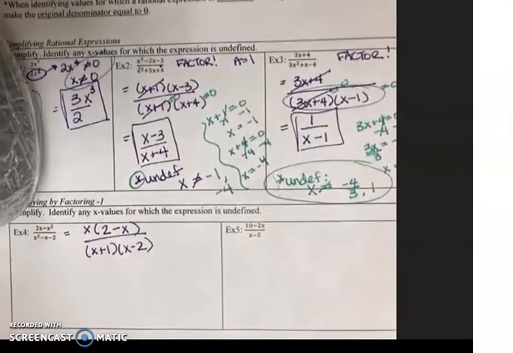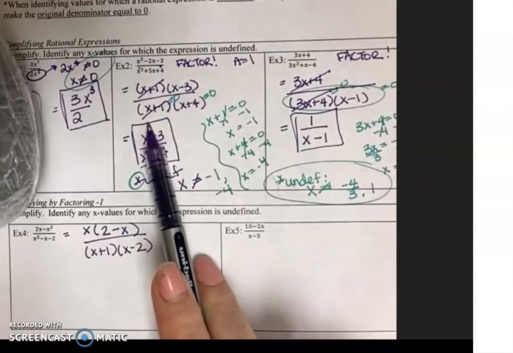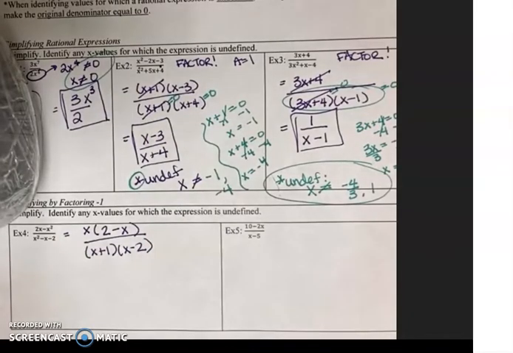Remember, the goal is to simplify. We can only simplify when they are exactly the same, because then they will undo one another. When I look here, none of these are exactly the same. But these are close, aren't they? The only difference here is the signs.